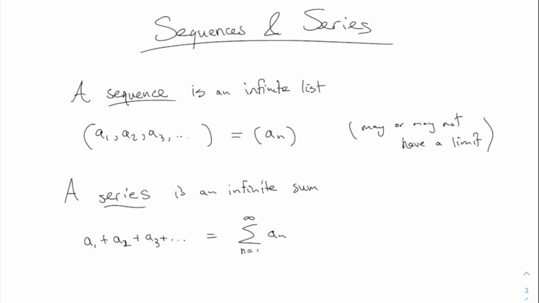All right, and this one may or may not, the word for series is, we say, may or may not converge. That's a series, when you add together an infinite amount of stuff. We're going to talk first about sequences, and we'll talk about series a little bit eventually, but let's talk about sequences first.